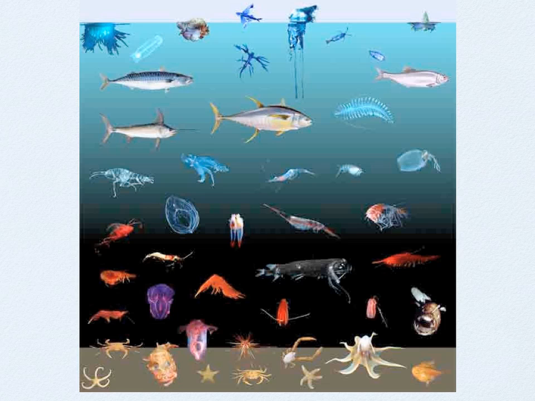Notice that these little fish with countershading in the top third of this illustration really stand out. That's because this illustration does not account for the effect of shadows, so the shadows are ignored in this illustration.